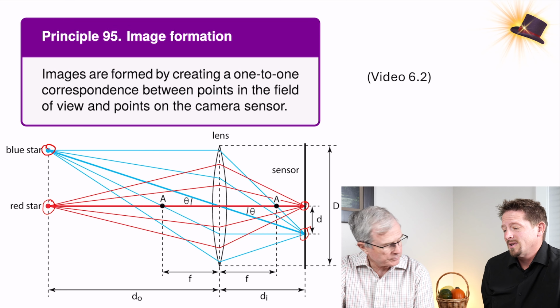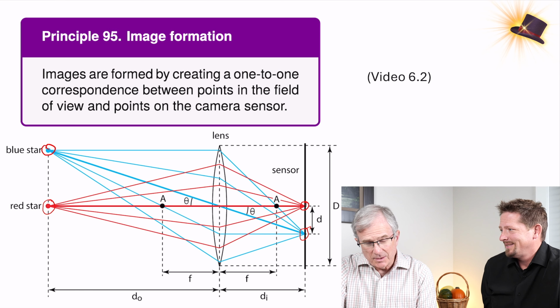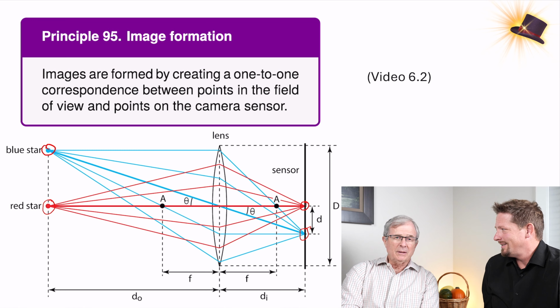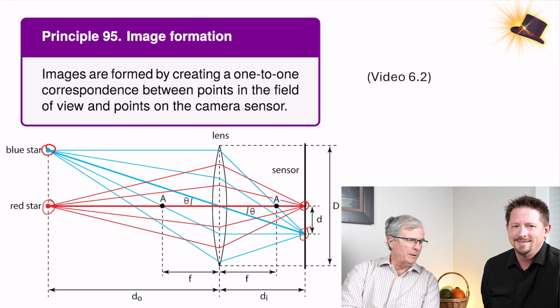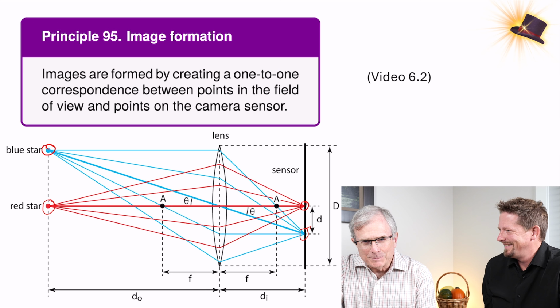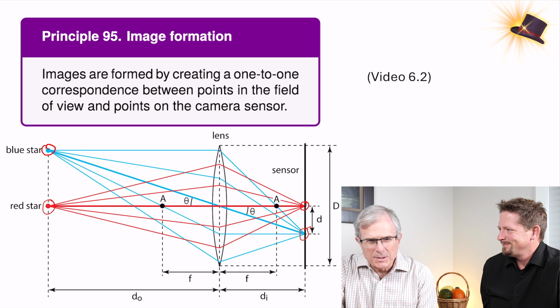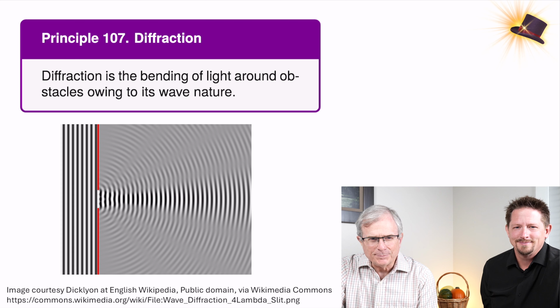And in that video I put a little proviso saying that this is a lie, and this is where we're going to correct the lie. That's video 6.2, where we talked about that.